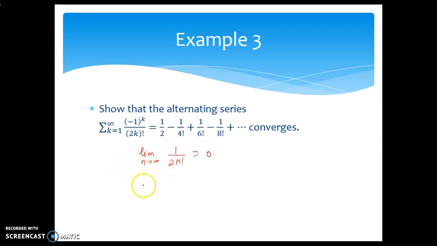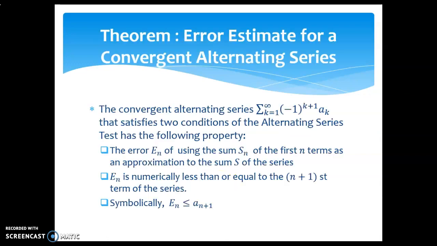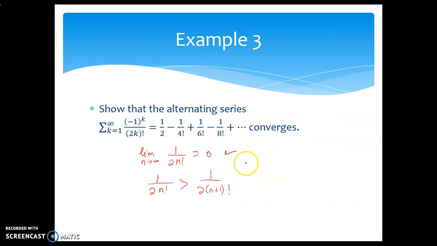Now we want to examine the second: 1 over 2n factorial would always be greater than 1 over 2n plus 1 factorial. Here I'm dividing by a big number, and here I'm dividing by a smaller number. So this clearly is greater than this. Since the two conditions are satisfied, that means the series converges.